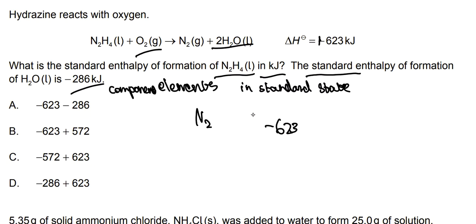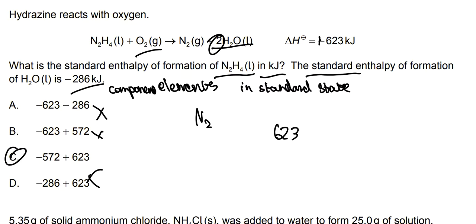So it's going to be positive 623. So it's going to be one of these bottom 2 options, and because we have water being 286 and we have 2 of those, it's going to be something with 572. So not this option, it's going to be C most likely.